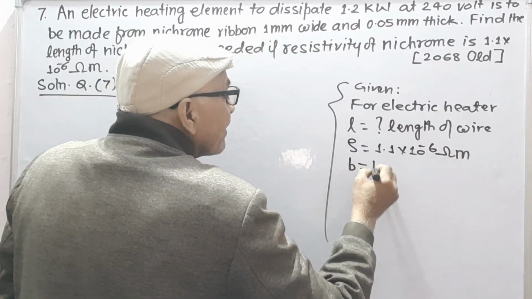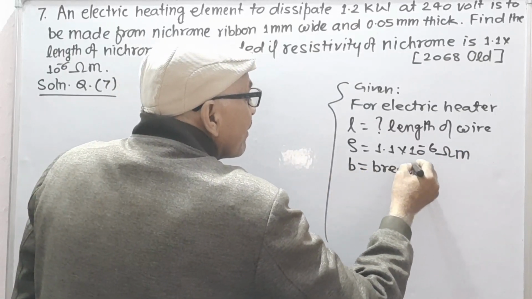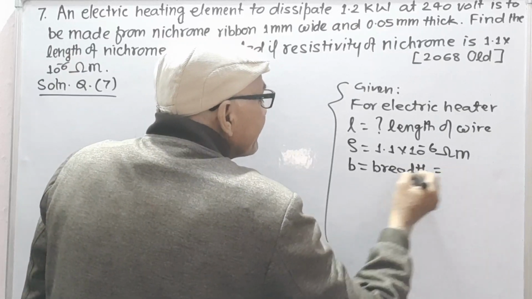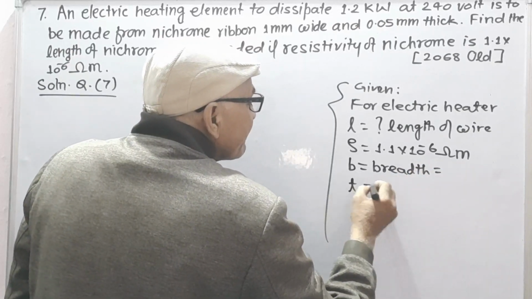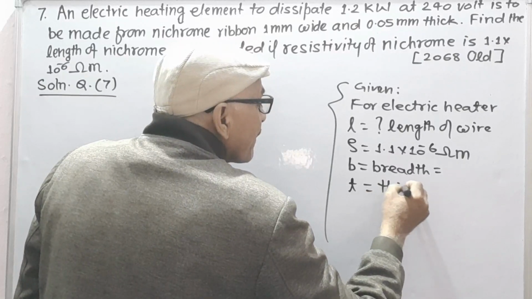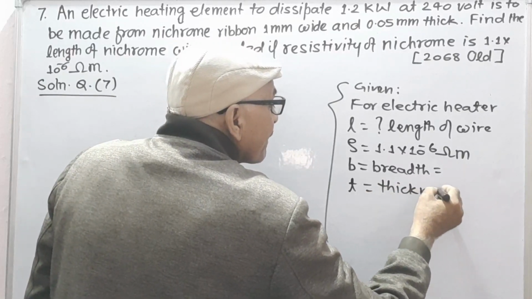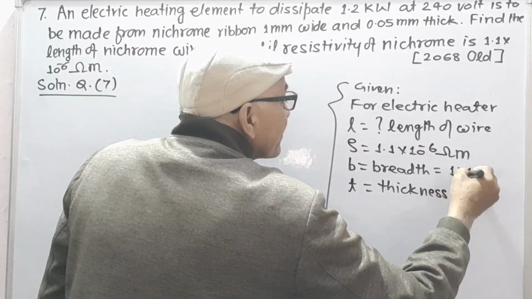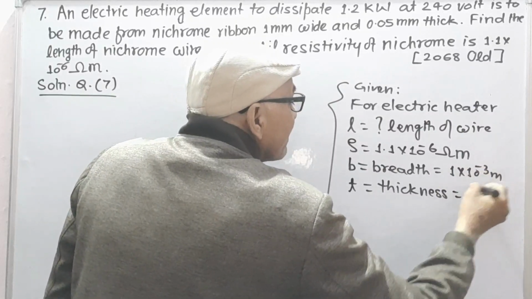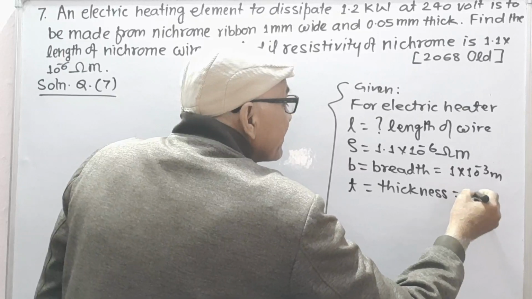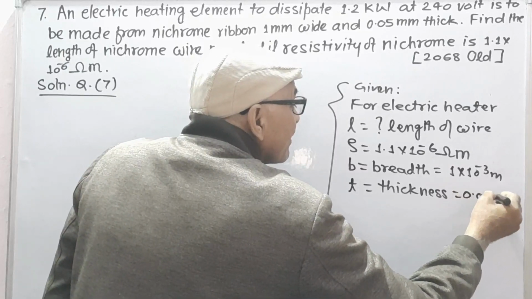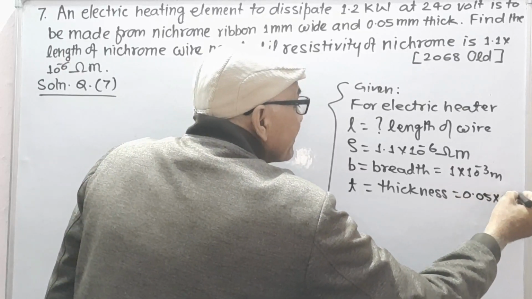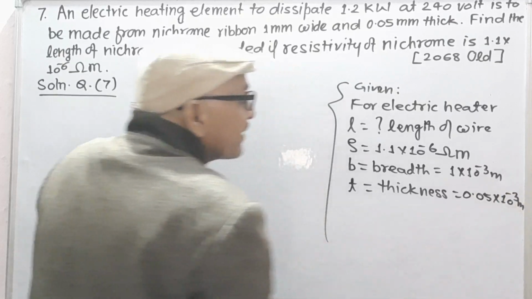The breadth of the ribbon is 1 millimeter, which means 1 into 10 to minus 3 meter. The thickness is 0.05 millimeter, which is 0.05 into 10 to minus 3 meter.